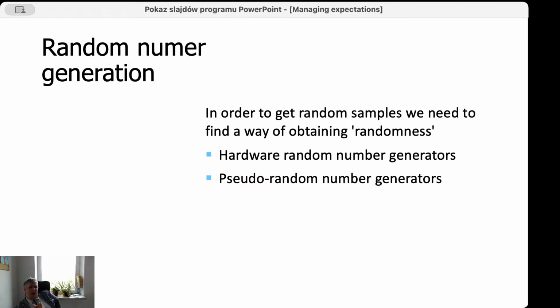One is hardware random number generators. This is something that pops up once every other time in the scientific world as a solution to many problems that were invented by the developer of that solution.